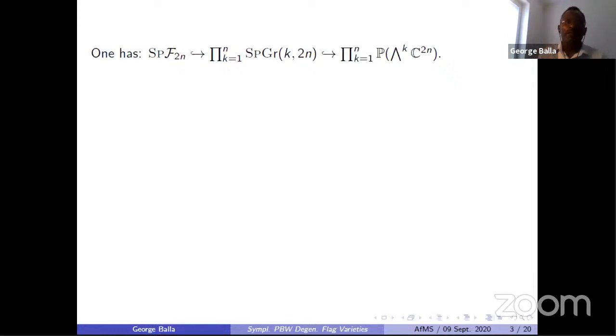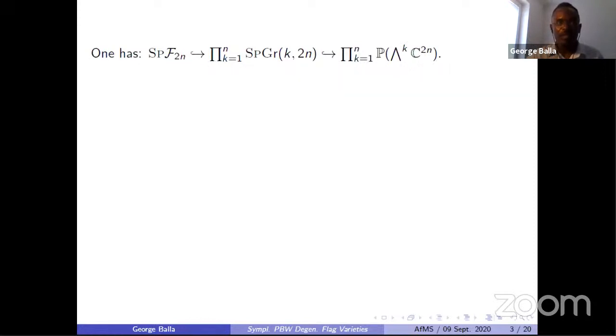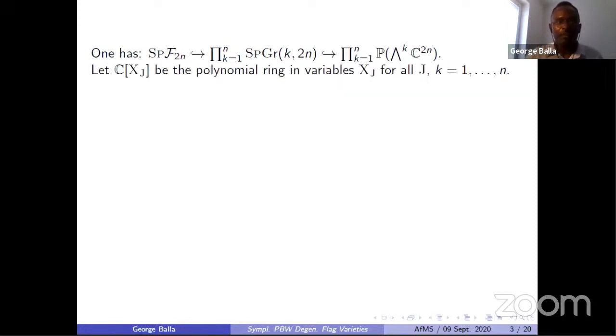So we take the product of all these subspaces, and we can embed this in the product of all projective spaces for all k. This is a very big projective space. We can take the corresponding polynomial ring, which is also very big. It's generated by all these variables x_j for all sequences j in this indexing set, for all k from 1 to n.